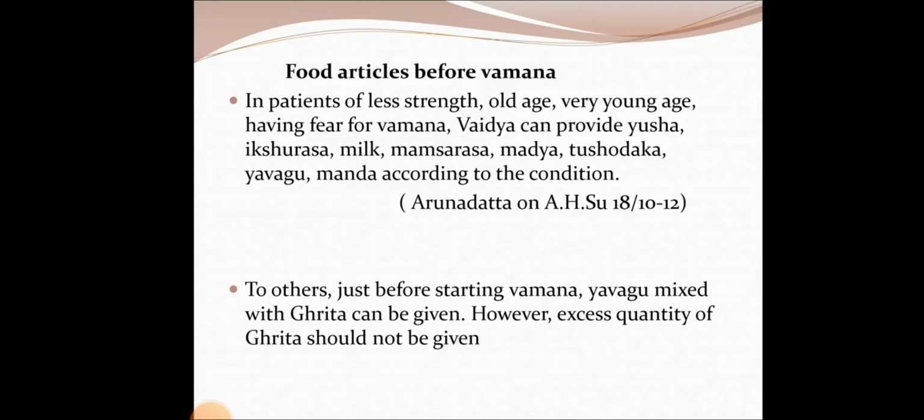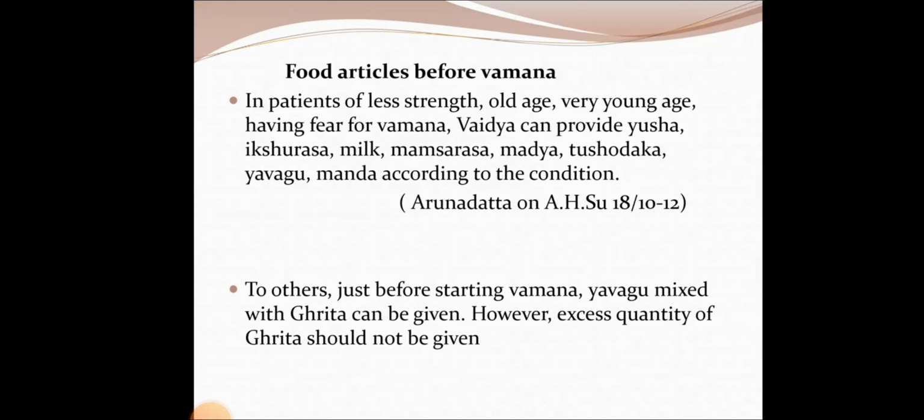Next are the food articles before Vamana. Arunadatta on Ashtanga Sutra mentions that in persons of less strength, old age, very young age, or having fear of Vamana, the Vaidya can provide Yusha, Ikshurasa, milk, Mamsarasa, Madhya, Tushodaka, Yavagu or Manda, according to the condition.